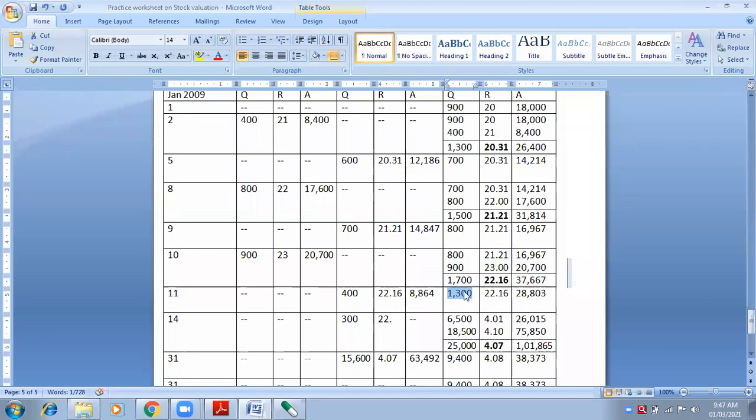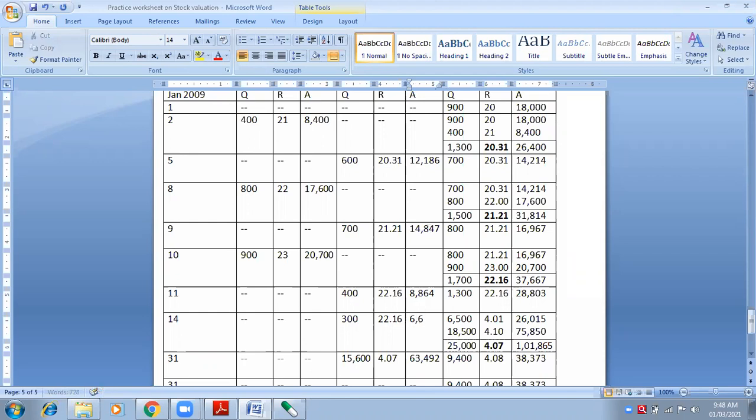Right now we have the 1,300 lot. Out of 1,300, 300 is issued, and the rate of 1,300 is 22.16. Therefore, we will take the rate of 1,300 units only. Don't get confused. So 300 into 22.16 is how much?